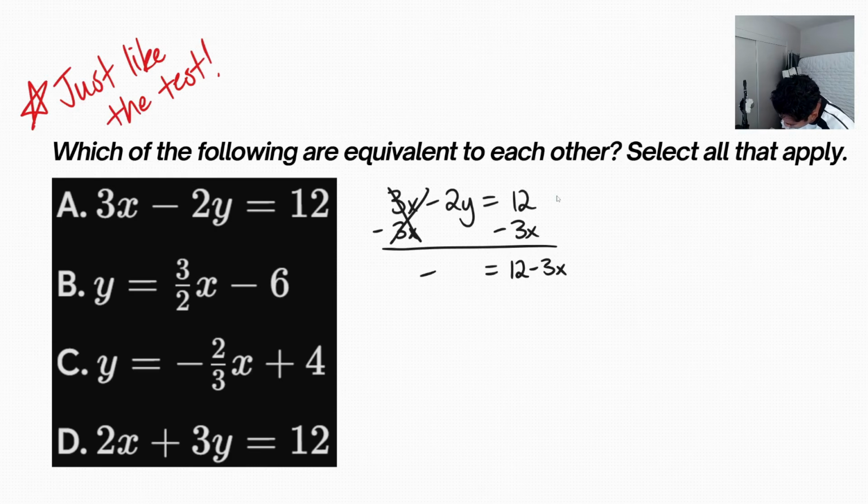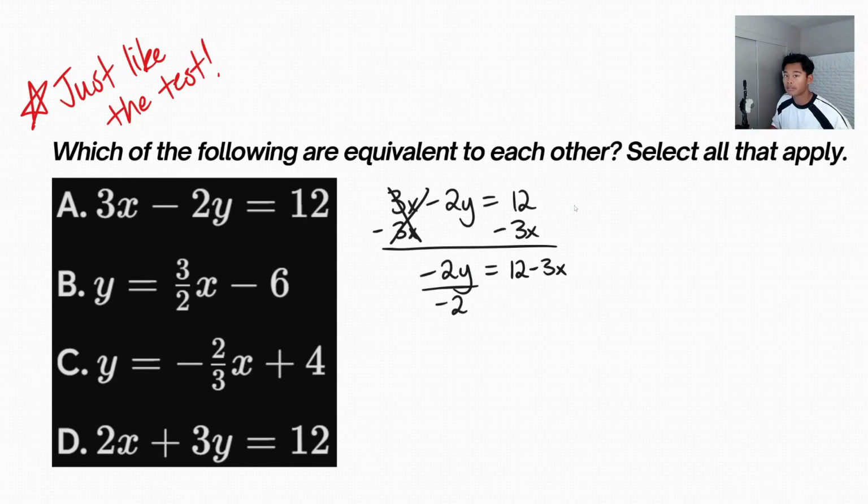Okay, I copy down everything else. And now, actually, there's only one step left. There's only one more number on y's side, and that number is negative 2. I have to ask myself, what is this negative 2 doing to the y? Well, I don't see any operation happening between these two, so I assume that it is multiplication. And the opposite of that is division. So I'm going to divide by -2.